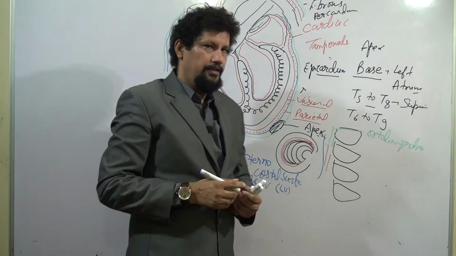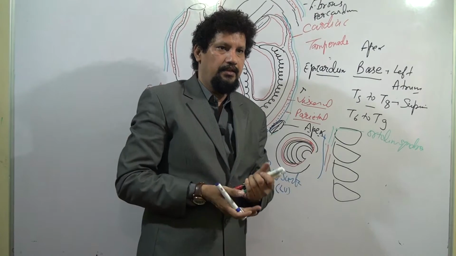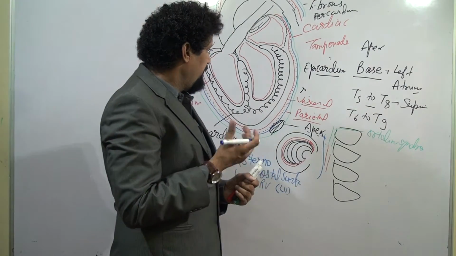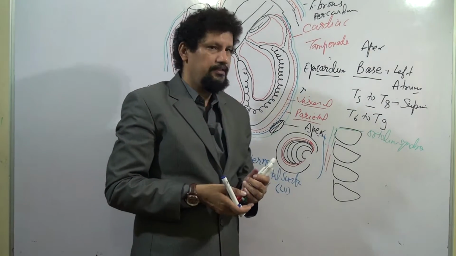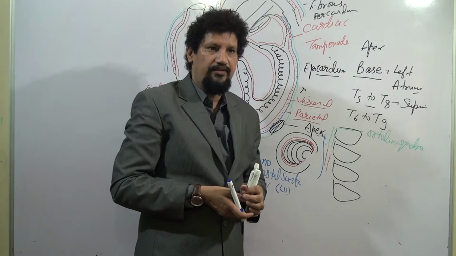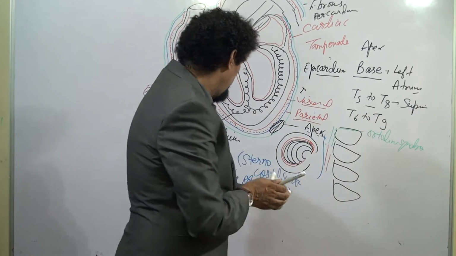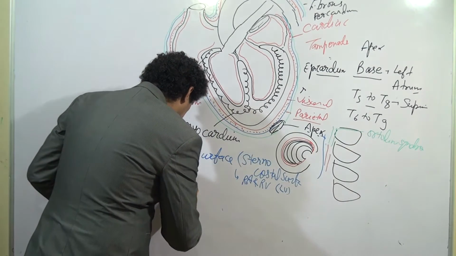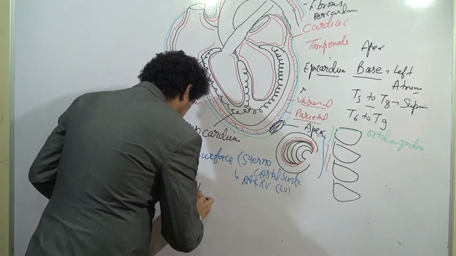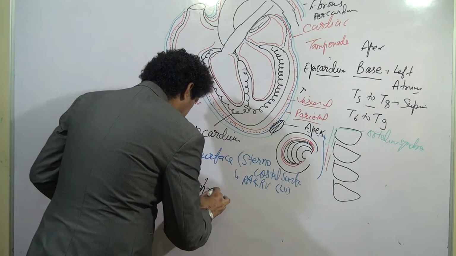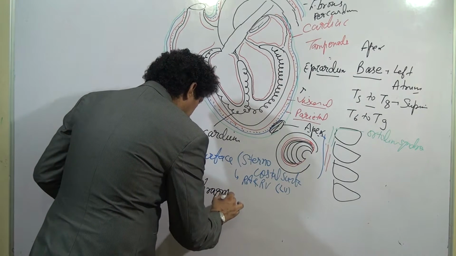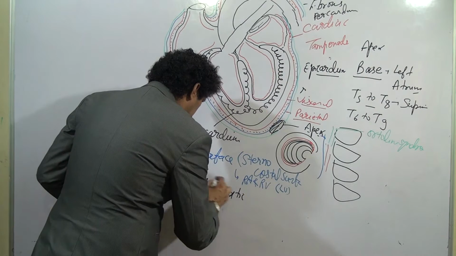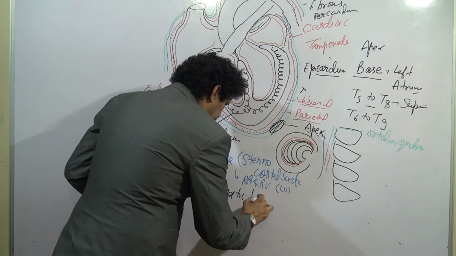The surface which is inferior is also known as the diaphragmatic surface. So the second surface is the diaphragmatic surface, or the inferior surface.